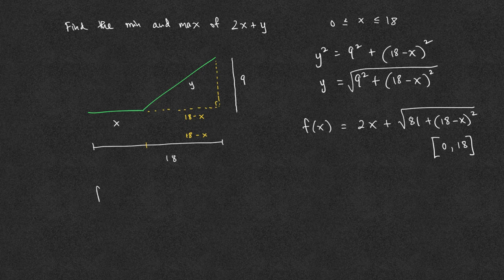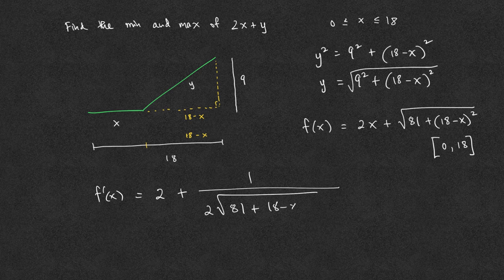The derivative f prime of x is 2 plus 1 over 2 times the square root of 81 plus (18 minus x) squared, times the derivative of the inside of the radical, which is the derivative of 81, which is 0, plus 2 times (18 minus x) to the 1 power times negative 1.